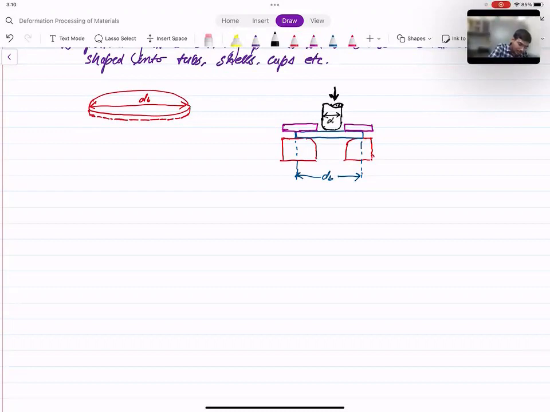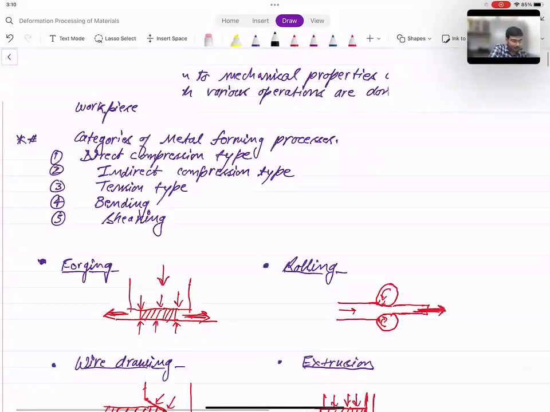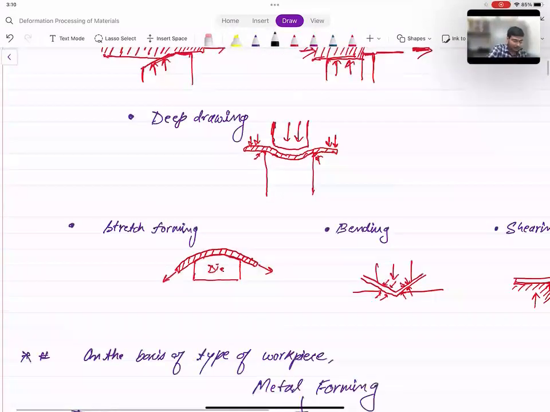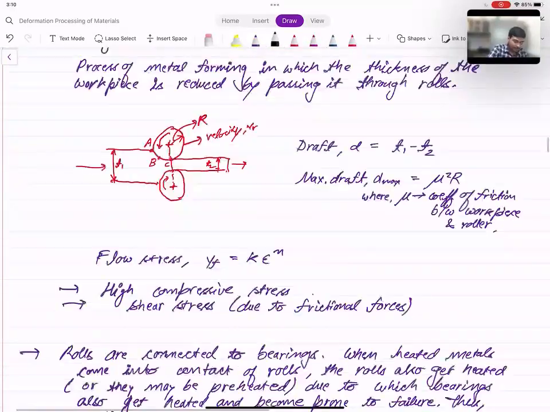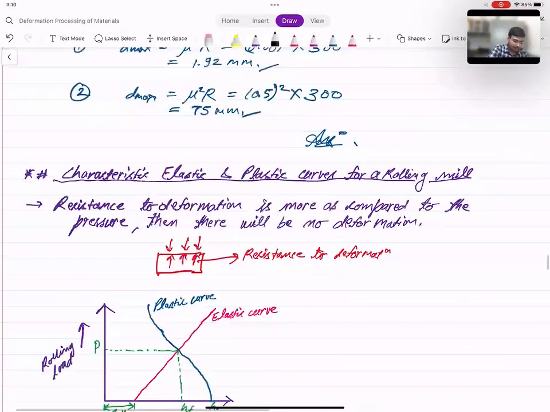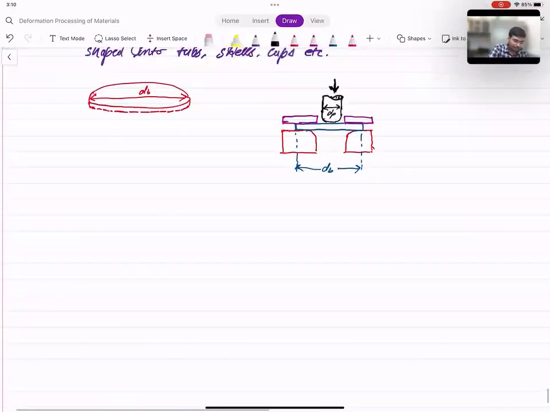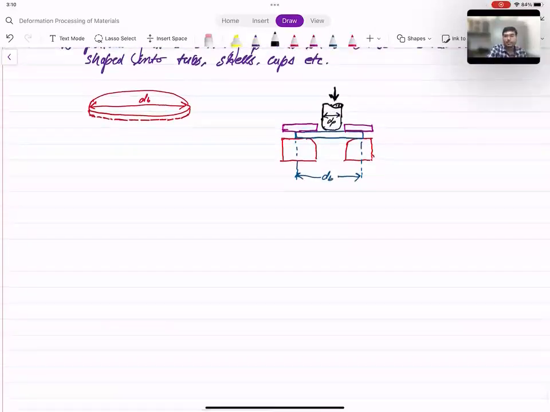It is denoted as dP. Okay. There is a relation between the blank diameter and punch diameter, which we will see in a while.